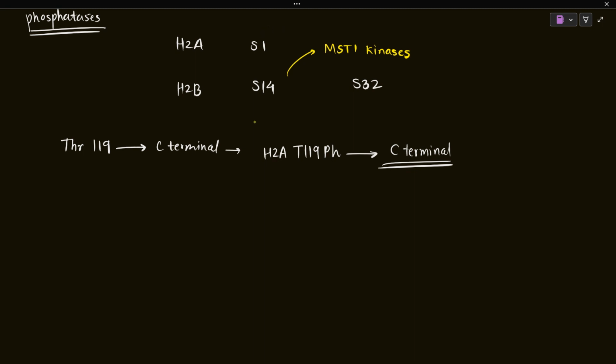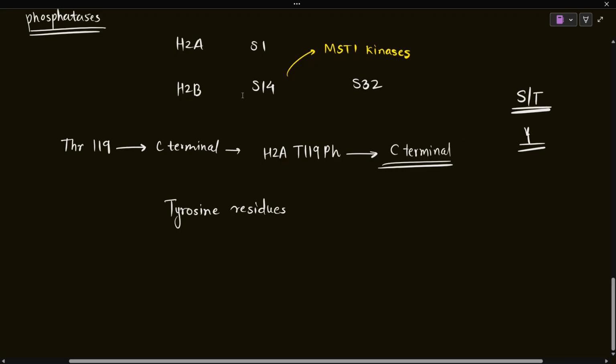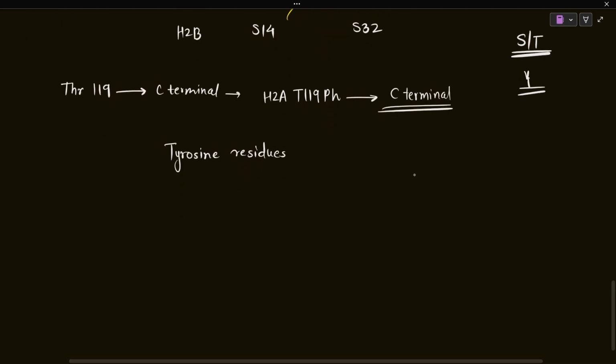Alongside serine and threonine, there are tyrosine residues on which phosphorylation can also be done, but serine threonine kinases are more common than tyrosine kinases, and that is why we see tyrosine phosphorylation in much fewer contexts. But it is a very important phosphorylation event, because it is involved in maintaining the cell cycle progression from prophase to metaphase and then to anaphase.